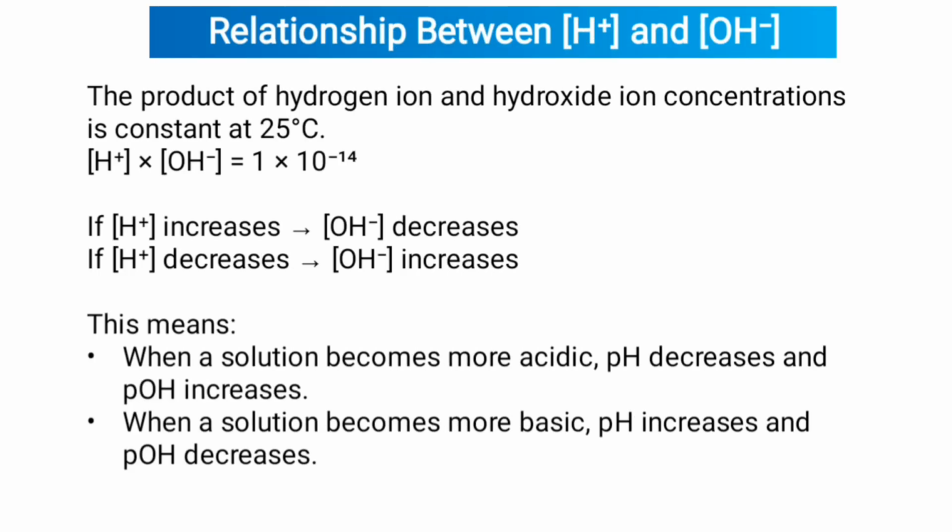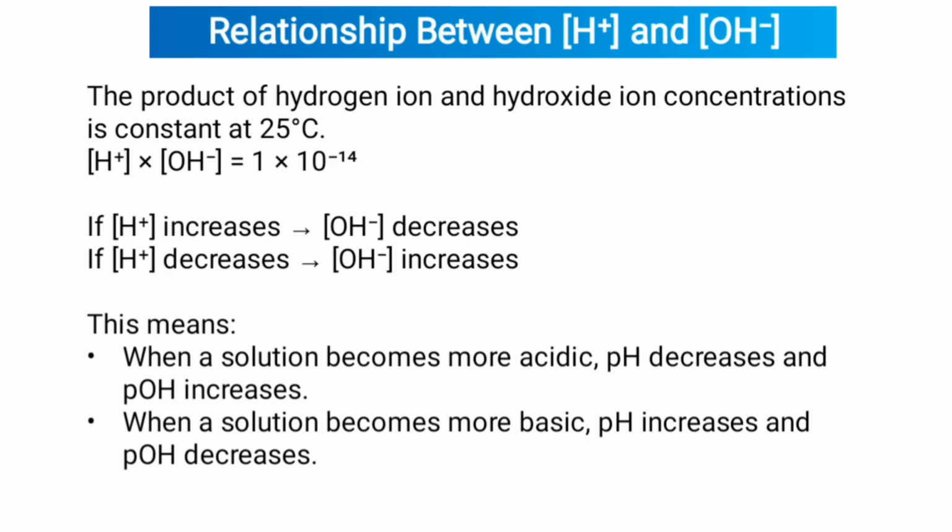Relationship between the concentration of H+ ion and the concentration of OH- ion. The product of hydrogen ion and hydroxide ion concentrations is constant at 25 degrees centigrade: [H+] multiplied by [OH-] is equal to 1 multiplied by 10 raised to the power minus 14.